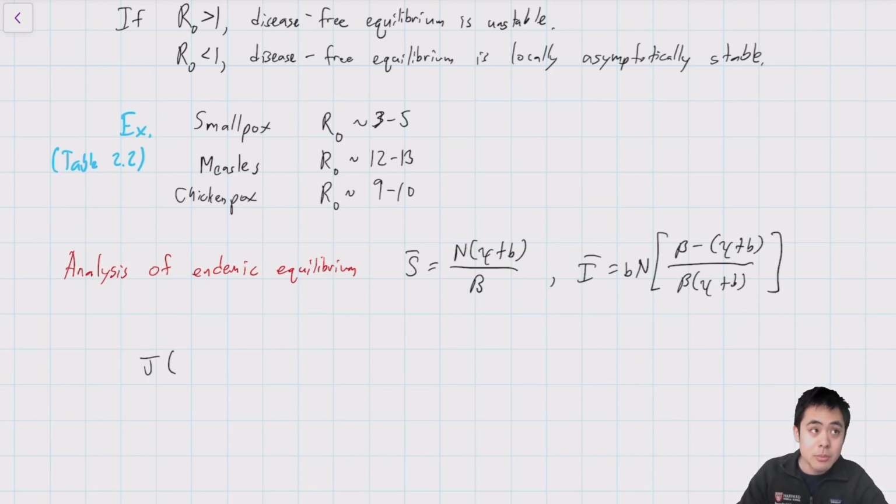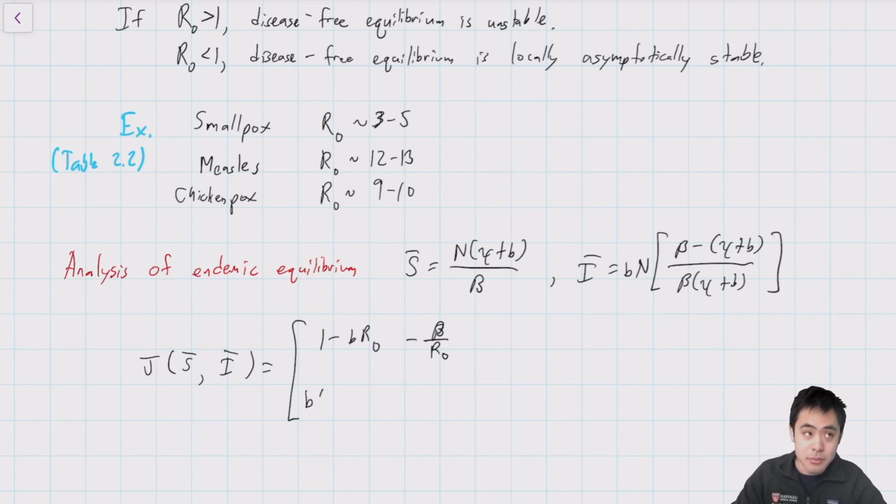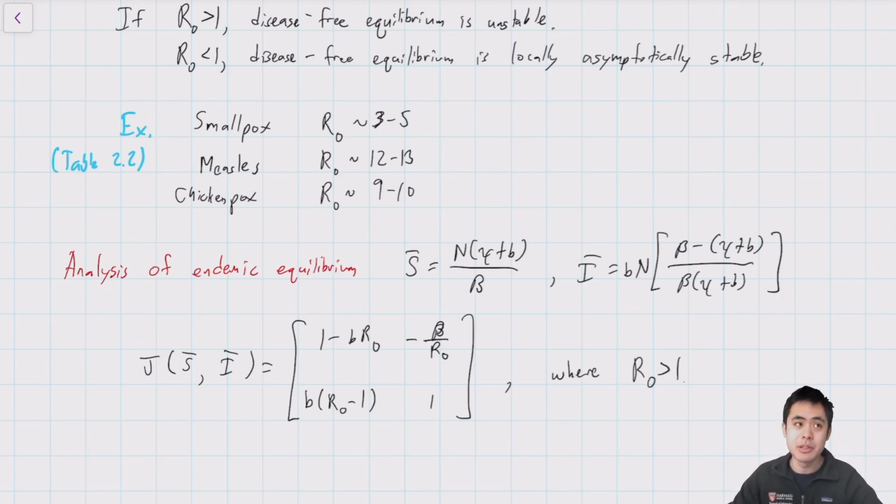And then you can compute the Jacobian. I'm not going to do it by hand. The Jacobian is just [1 minus b R naught, minus beta over R naught; b times (R naught minus 1), 1], where R naught is greater than 1, of course, because we only care about the positive case.